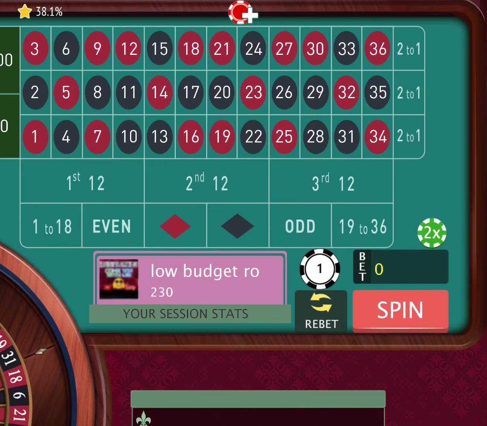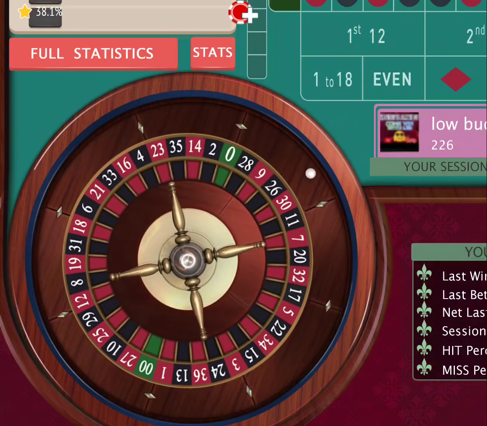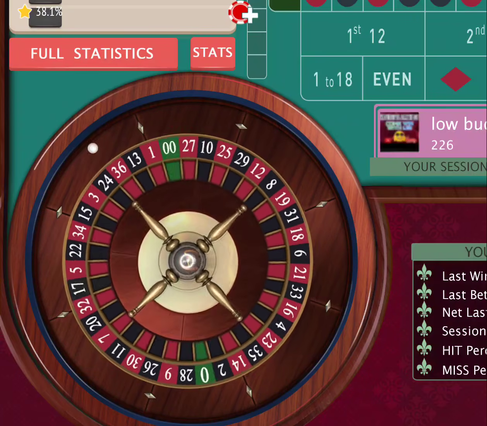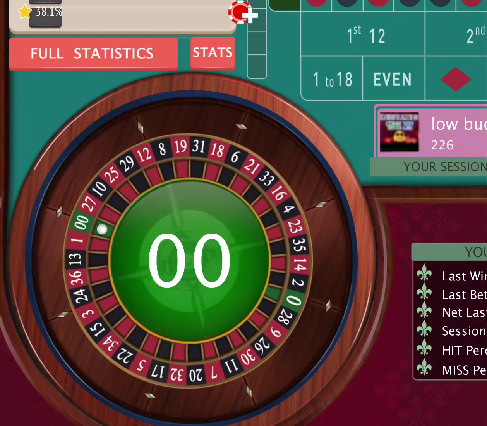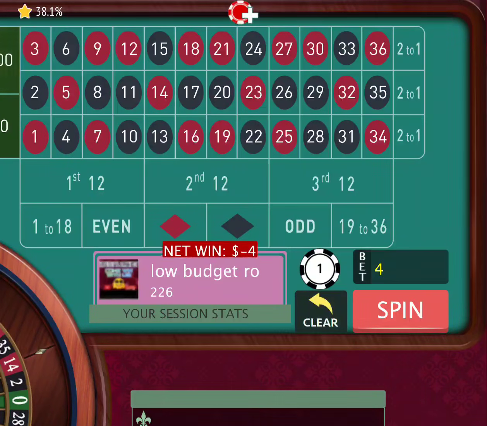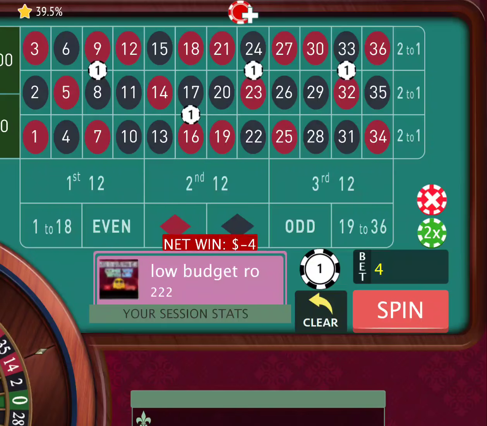Let's go somewhere else on the board. Somewhere else, doesn't really matter. And let's spin again. And there's 0. Whoops, I didn't mean to ladder. Go back out. Let's go back out.